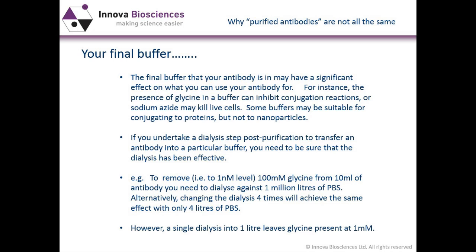Alternatively, simply by changing the 1 litre dialysis 4 times, you can achieve the same effect. So that's 4 litres of PBS instead of 1 million. This really underlines that changing the dialysis buffer is very important. But do remember, if you only dialyze that 10 ml of antibody against 1 litre of PBS, your glycine will still be present and it will be there at 1 millimolar, which is a relatively high concentration for things like bioconjugation reactions.